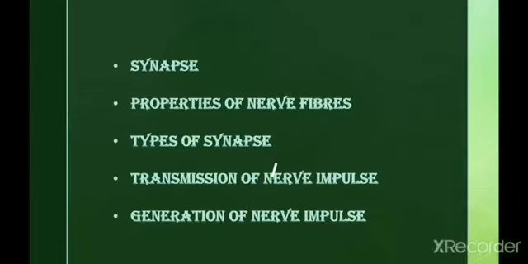Last time we studied about synapse, properties of nerve fibers, types of synapse, transmission of nerve impulse, and generation of nerve impulse. Today, first of all, we'll start with a short review of generation and conduction of nerve impulse.